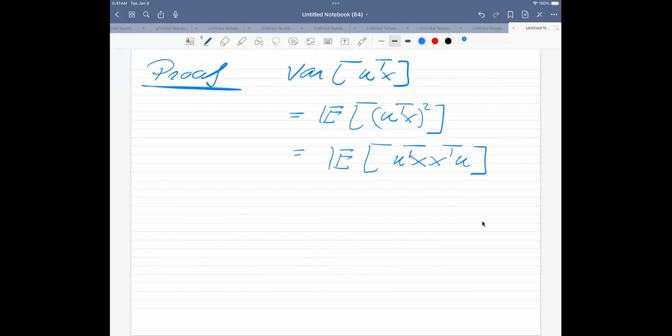Now u is an orthogonal transformation, which means that this is non-stochastic. So there's no stochasticity here. x is a stochastic variable. So that means that these do not enter an expectation value.